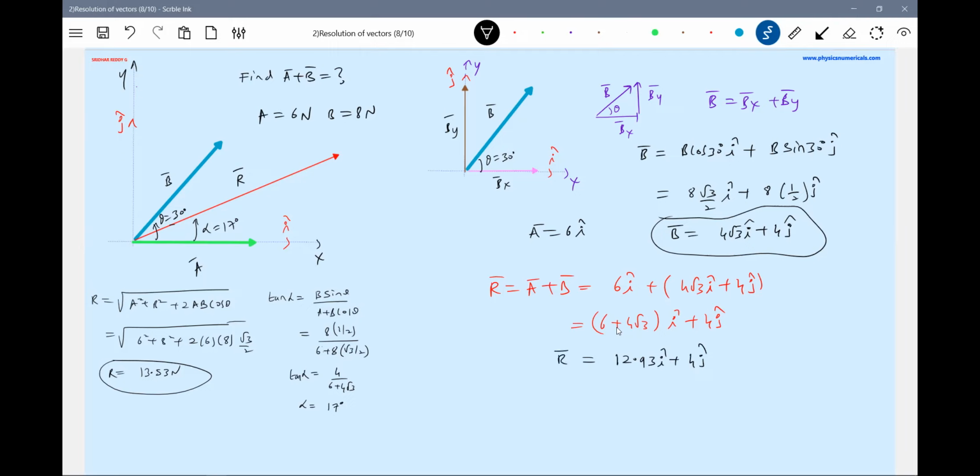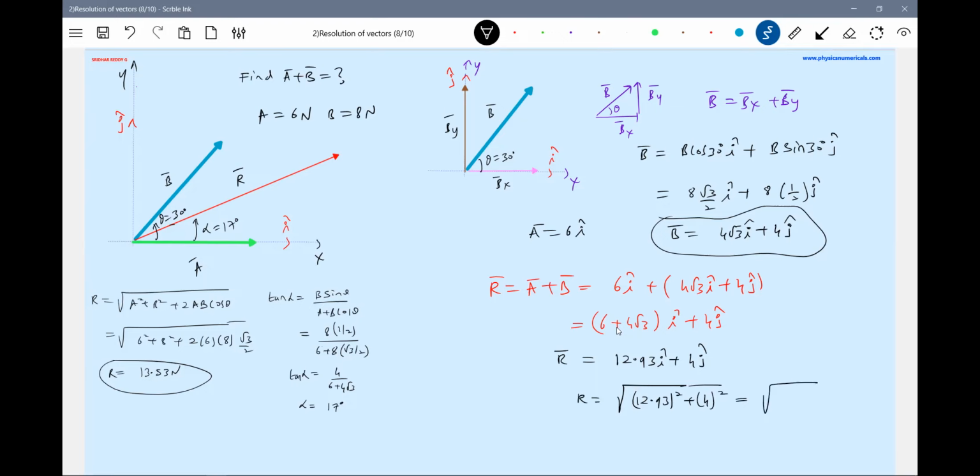This is R bar. But sir, we were supposed to get the value of R as 13.53. I think if I take the square root of it, solving all this, I'm using a calculator.